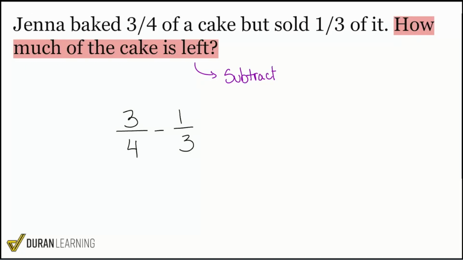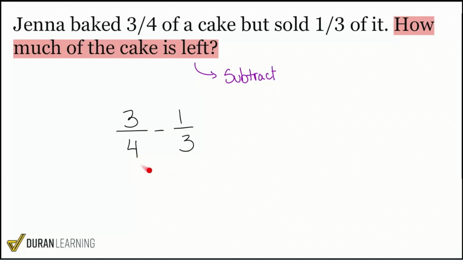Exactly. We need the same denominator. Right now, these 2 pizza boxes have different size slices. We need to have the same size of slices. If we have the same size, we can then subtract. So let's go ahead and get it done. Everyone, look at those denominators. We have 4 and we have 3.